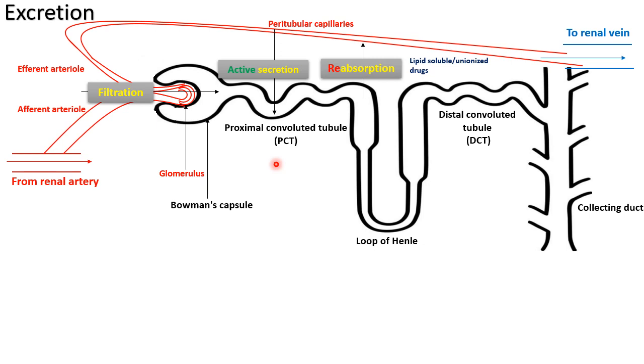Reabsorption is the movement of the drugs from the tubules into the peritubular capillaries, the blood in peritubular capillaries. So for a drug to pass from the tubules to the peritubular capillaries, it would pass through the cells here in the wall of the tubules.